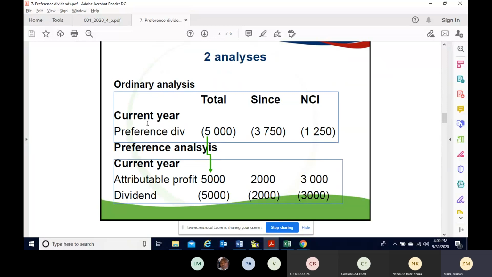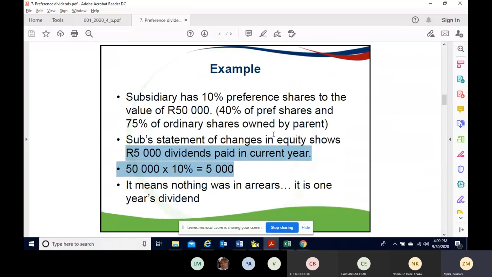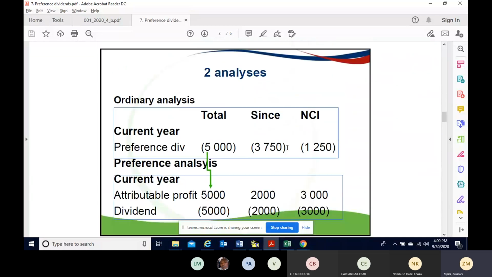So in the current year, you will have 5,000, which is preference dividends paid, and 3,750, which is the 40% of preference shares and 75% of ordinary shares owned by the parent.